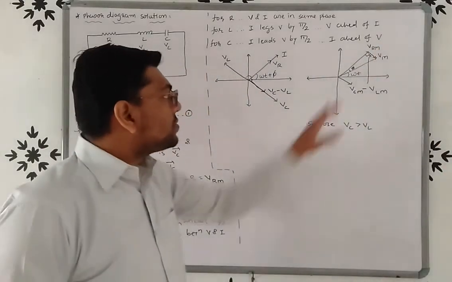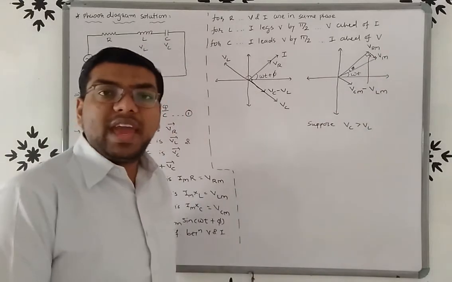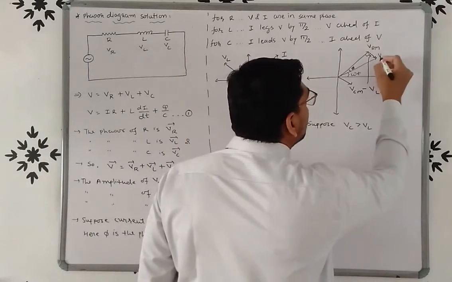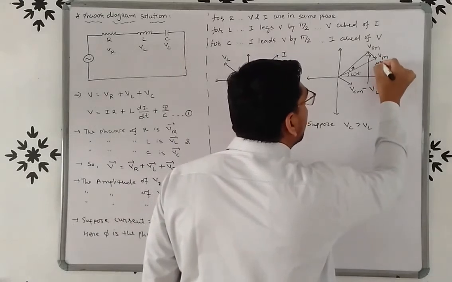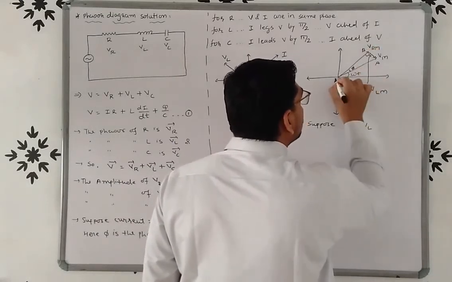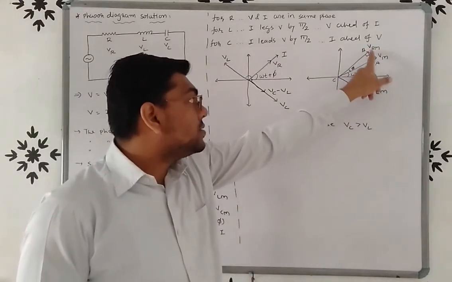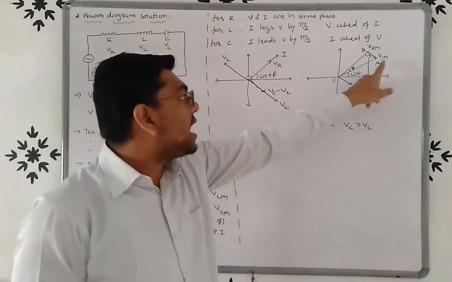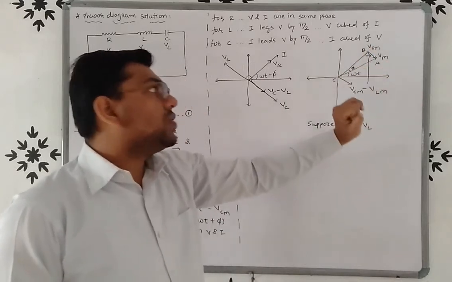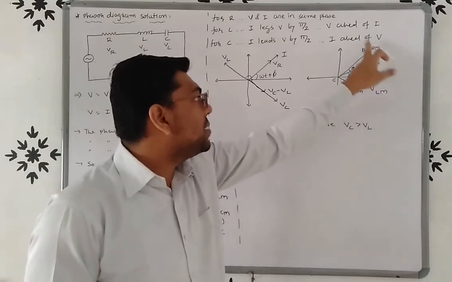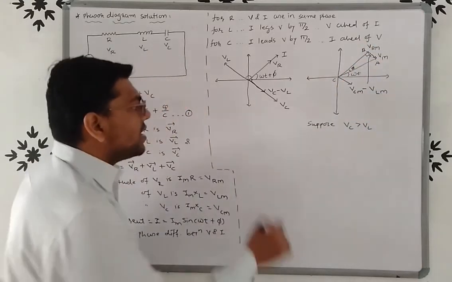So here, if we apply Pythagoras, suppose this is A, this is B and this is C. The right angle is at B, in triangle ABC. Applying Pythagoras, AC square is equals to AB square plus BC square, right?